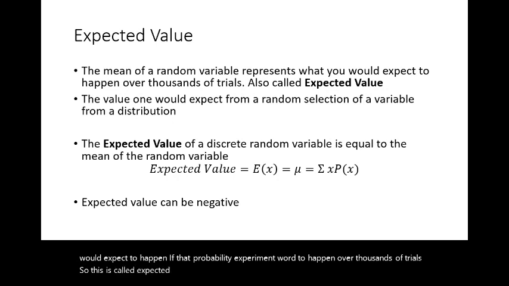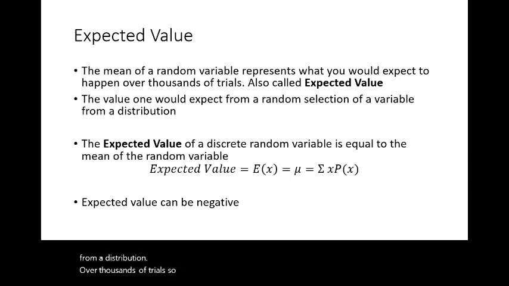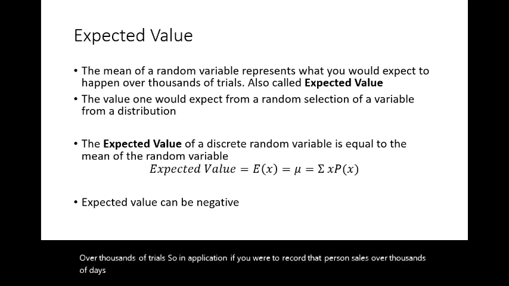Expected value is the value that one would expect a random variable to obtain from a distribution over thousands of trials. So in application, if you were to record that person's sales over thousands of days, the mean of that discrete probability distribution would be what you would expect the number of sales to be on any given day.